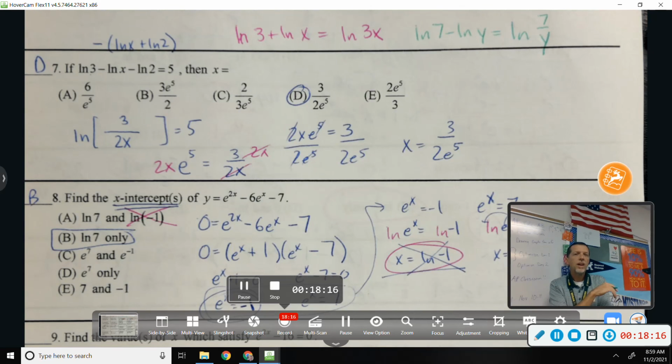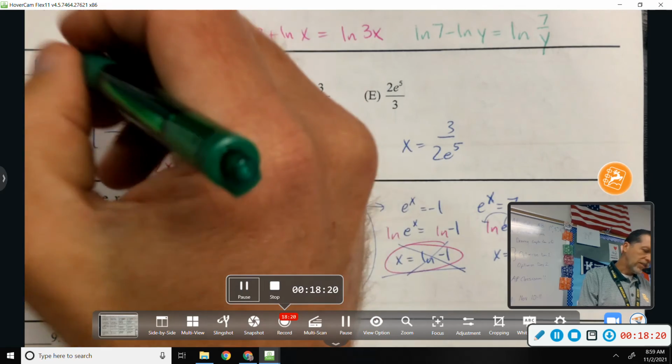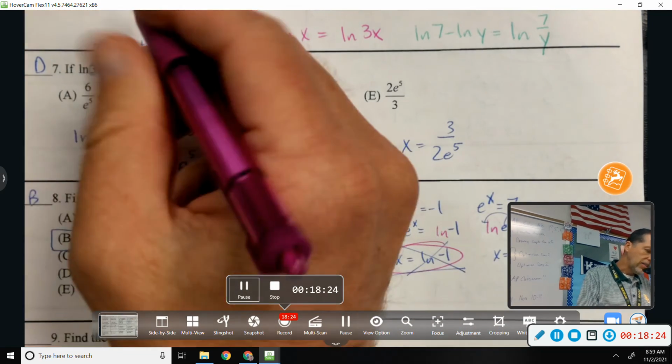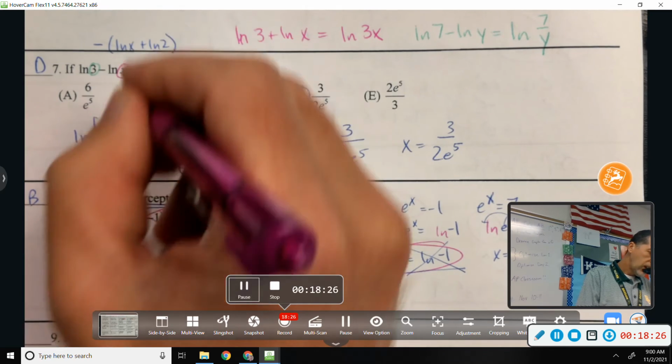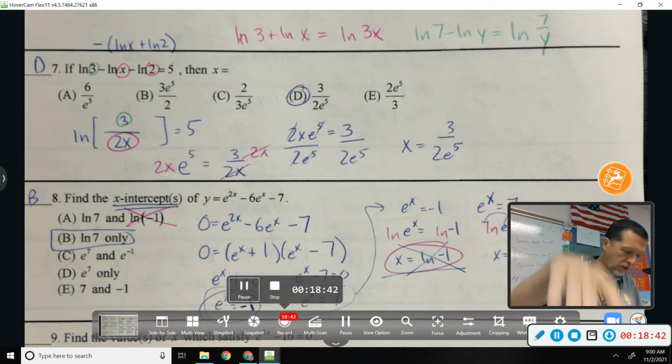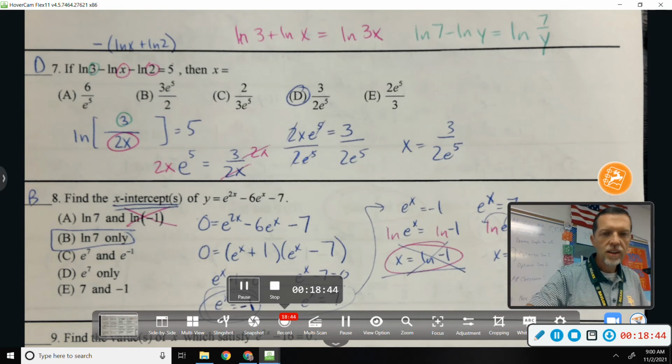And so the shortcut to all that is, if it's positive, it ends up in the numerator. If it's negative, it ends up in the denominator. All right, so your job is to finish the rest of it, hopefully before you leave.